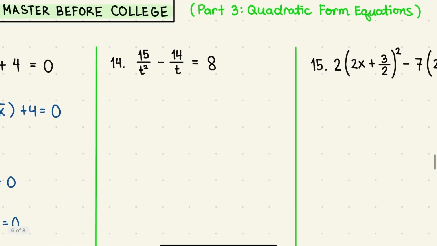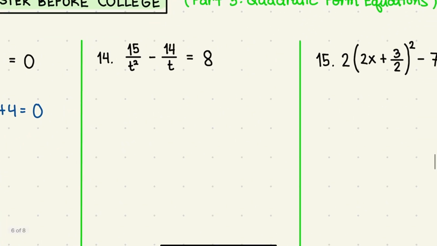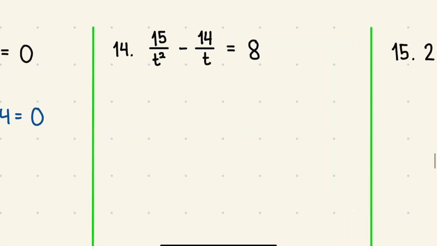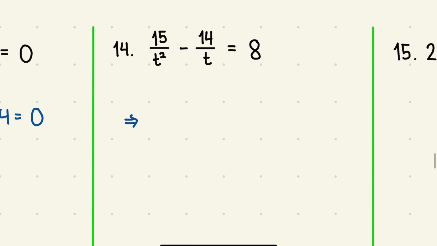So in here we have 15 over t squared minus 14 over t equals 8. We'll do an appropriate substitution as well, like earlier. Take note that we can actually write this as 15 times 1 over t squared minus 14 times 1 over t.